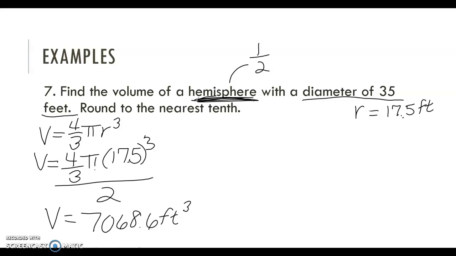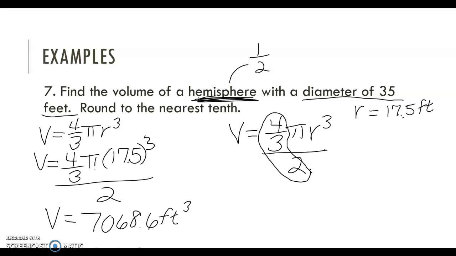I also want to point out how you could change this volume formula for if you're working with a hemisphere. So if I take this 4/3 pi r cubed divided by 2, I can actually divide these numbers. So if I think about 4/3 being divided by 2, that's the same thing as multiplying by the reciprocal or multiplying by 1/2, and I get 4/6.